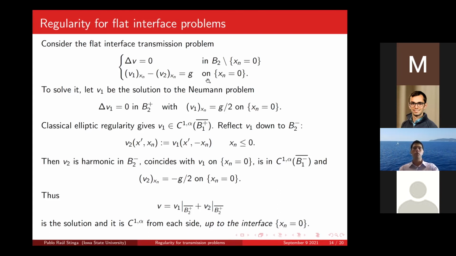If you have a smooth function across xn equals 0, this difference of the derivatives is 0. So if you want to put another boundary condition, you just take the harmonic extension of that boundary condition and add it to this solution that has 0. Again, smooth functions have this difference of normal derivatives equal to 0.